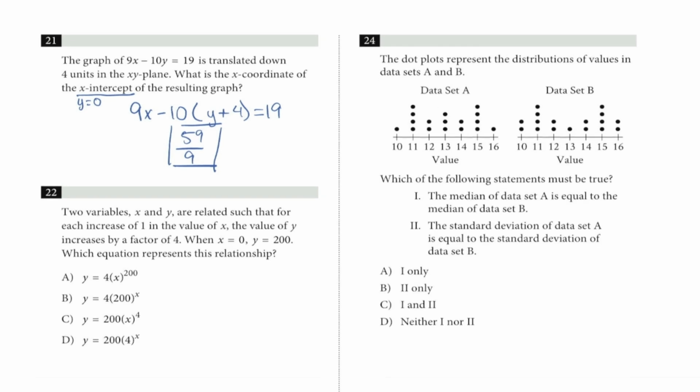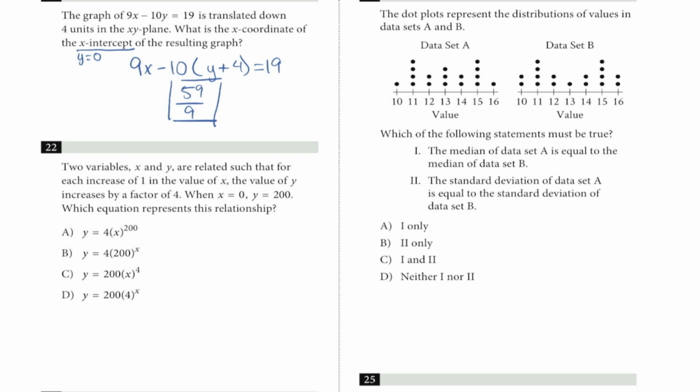All right, 22. It says two variables, x and y, are related such that for each increase of 1 in the value of x, the value of y increases by a factor of 4. When x is equal to 0 and y is equal to 200, which equation represents this relationship?